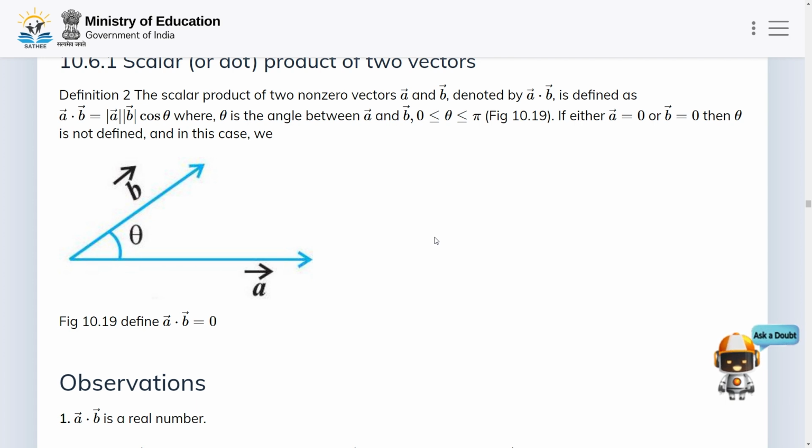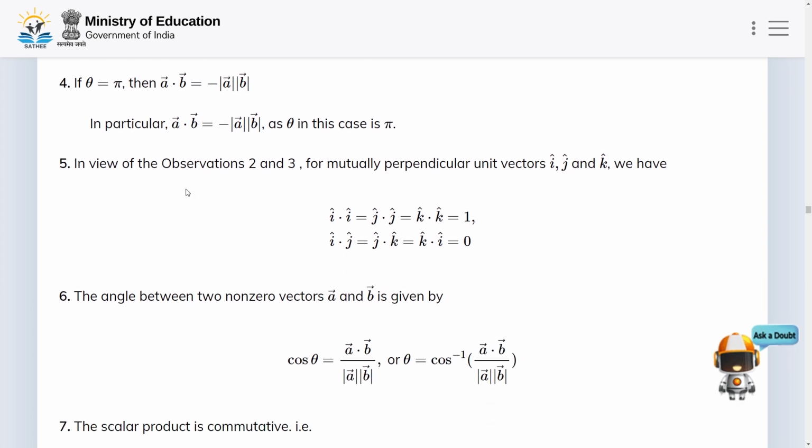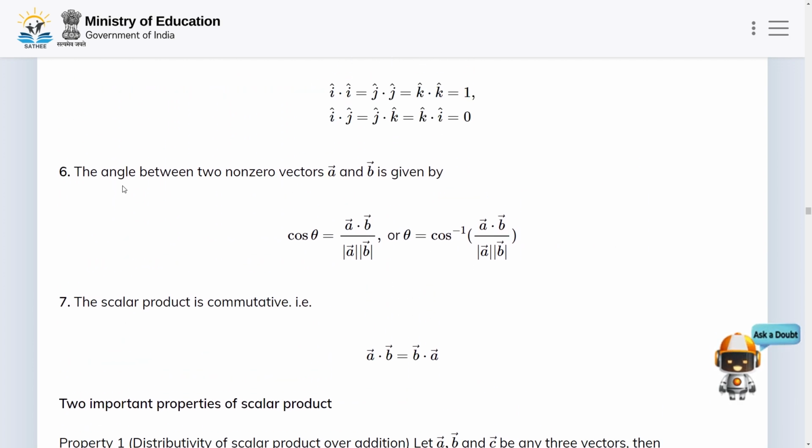Clear? Okay, now what we are having now, this means that the sixth property says, or observation, the angle between two non-zero vectors A and B is given by cos theta equals the dot product of A and B divided by the product of their magnitudes, or in other words, theta will be cos inverse of the dot product of A and B divided by the product of their magnitudes, as you can see.